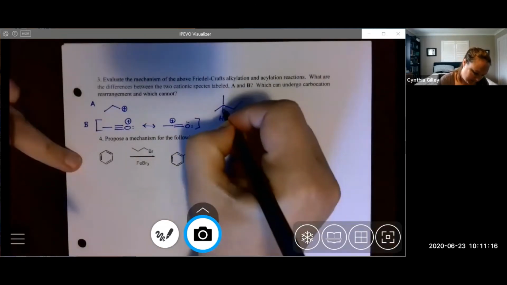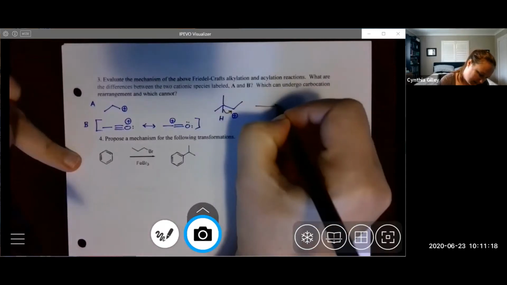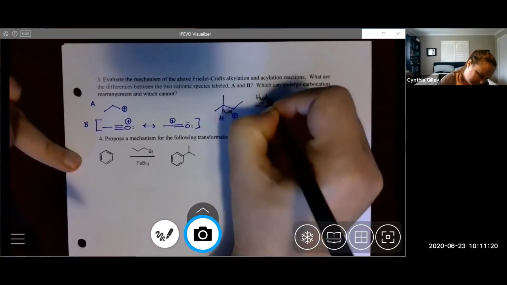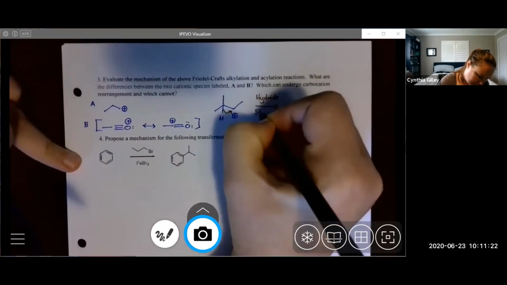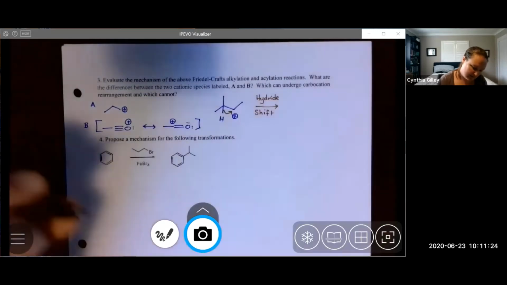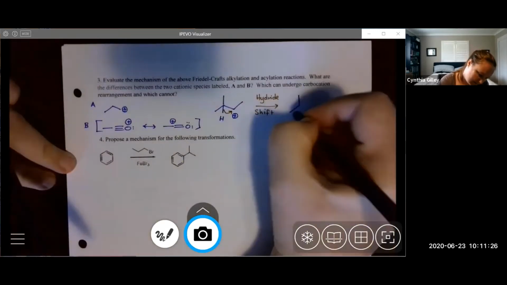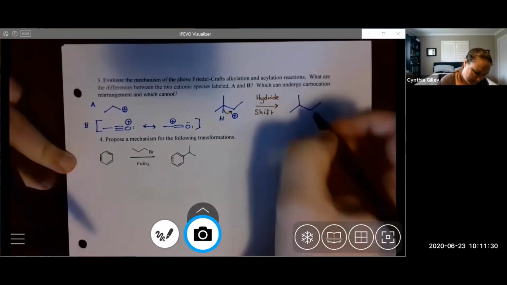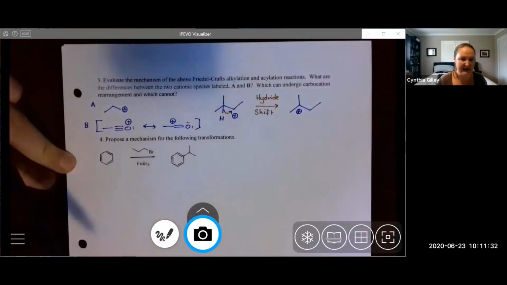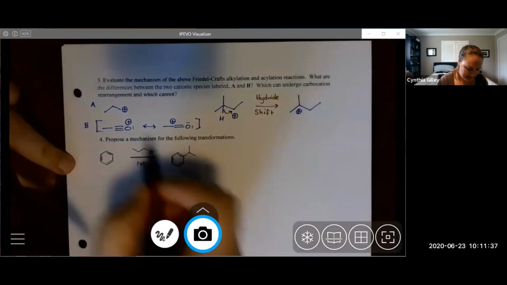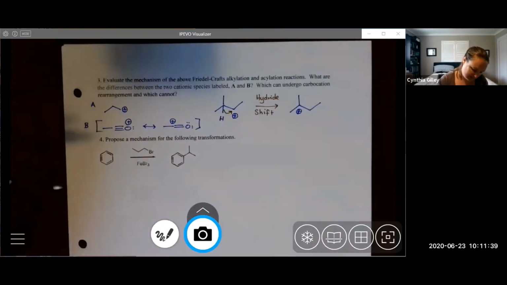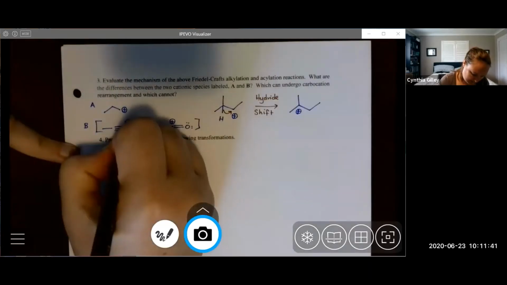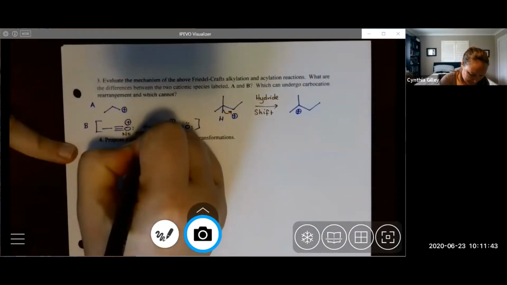For example, you could do what's known as a hydride shift. Basically, this hydrogen and the electrons shift over. That goes from a secondary to a tertiary carbocation. So acylium ions do not rearrange. No rearrangement is possible here.